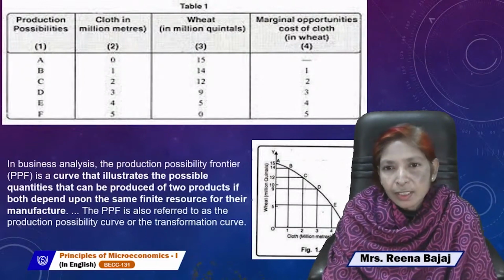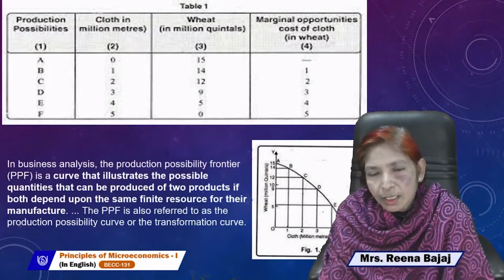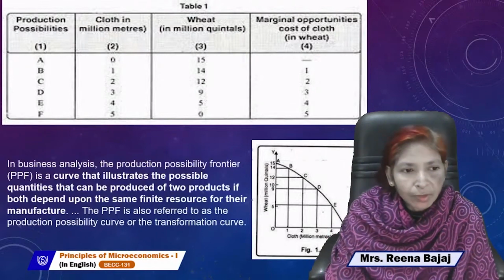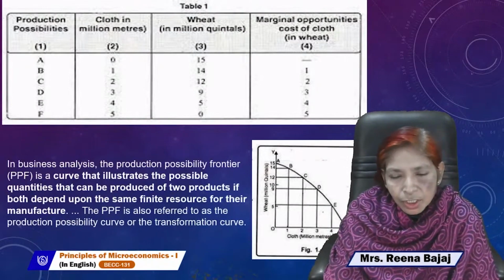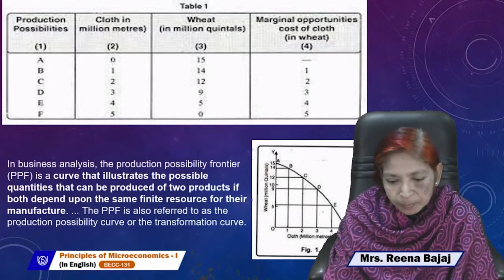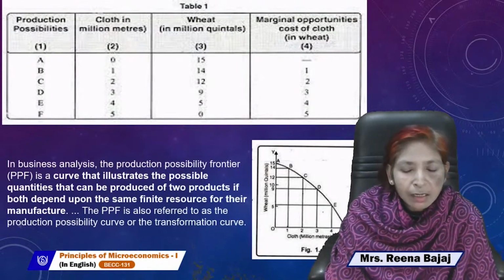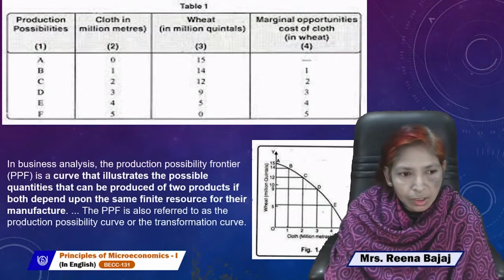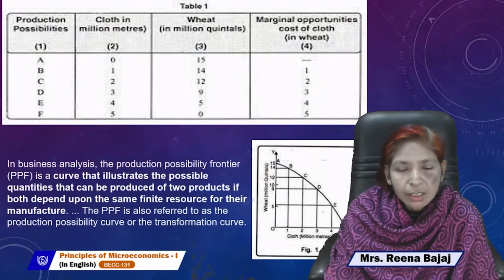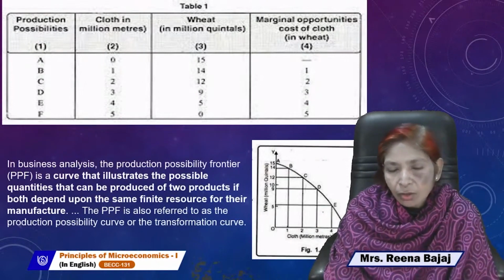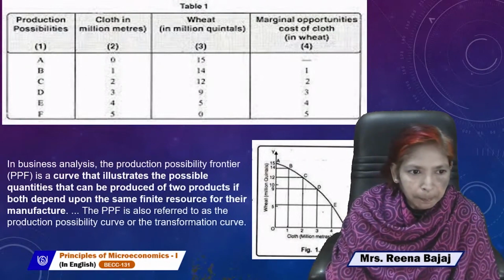This rate is increasing: 1, 2, 3, 4, 5. So the PPC curve shape is concave to the origin. This curve is always concave to the origin due to increasing marginal opportunity cost. Marginal opportunity cost is responsible for the concave shape of the PPC.